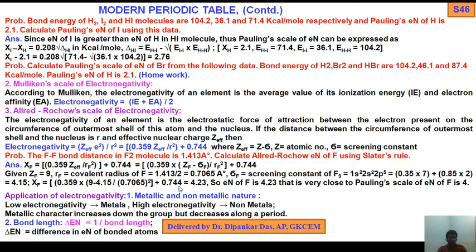We get the value 4.23, which is very close to the Pauling scale electronegativity of fluorine, that is 4. So electronegativity of fluorine is 4.23 on the Allred-Rochow scale, very close to the Pauling value of 4.